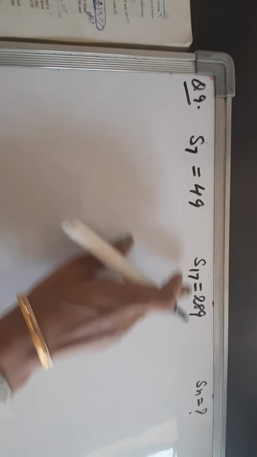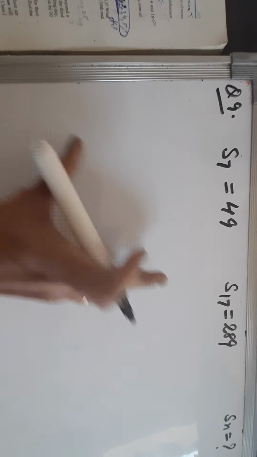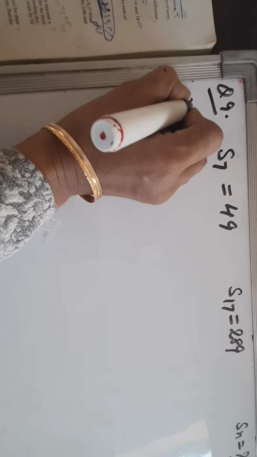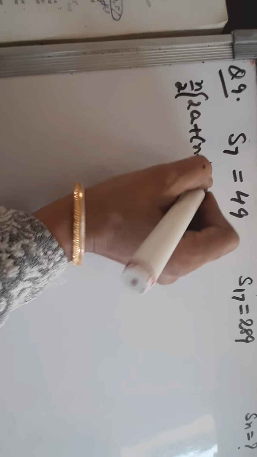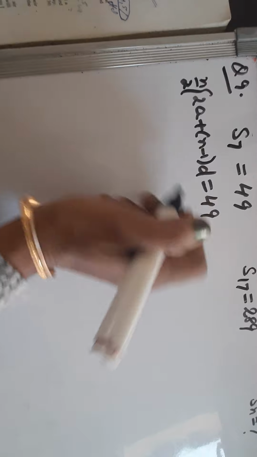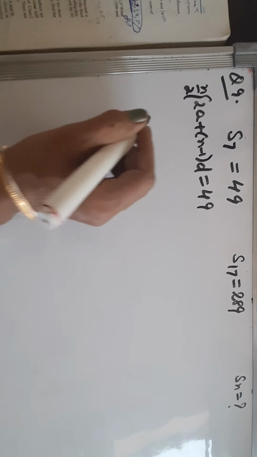So now in this case two sums are given to us. तो पहले इस पर फॉर्मूला लगाते हैं, देन इस पर. सो n/2 इंटू 2a प्लस n-1 इंटू d इज इक्वल टू 49. In this n will be 7, in this n will be 17.